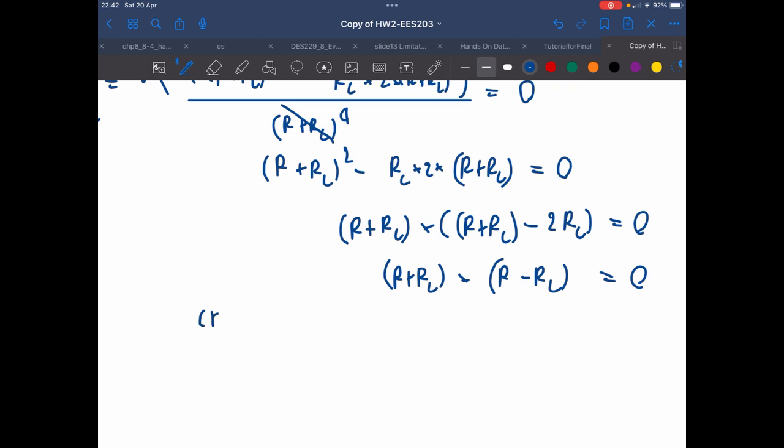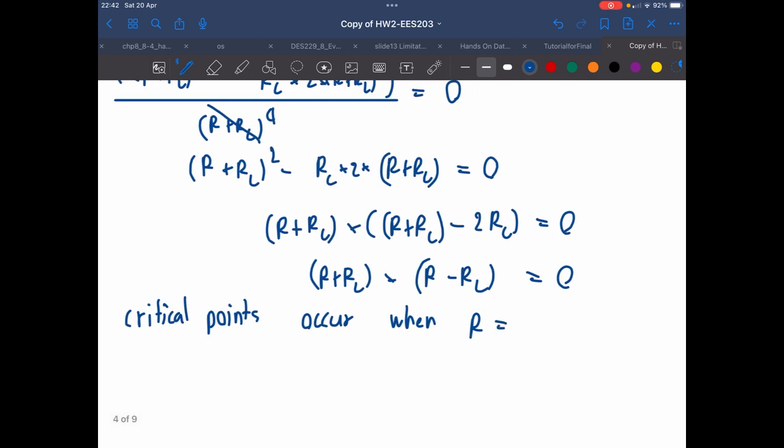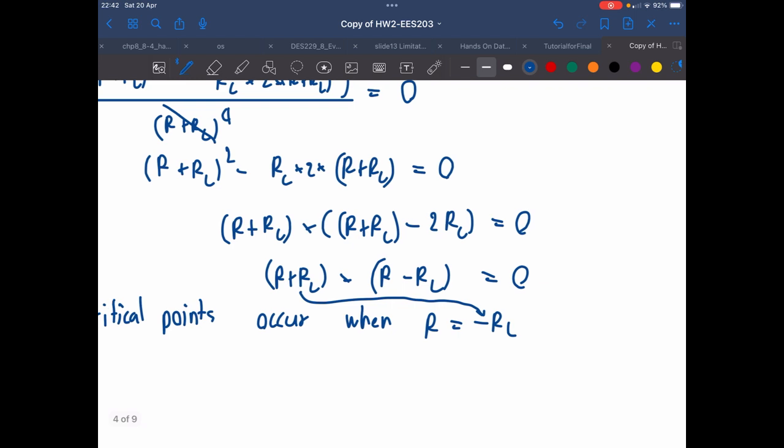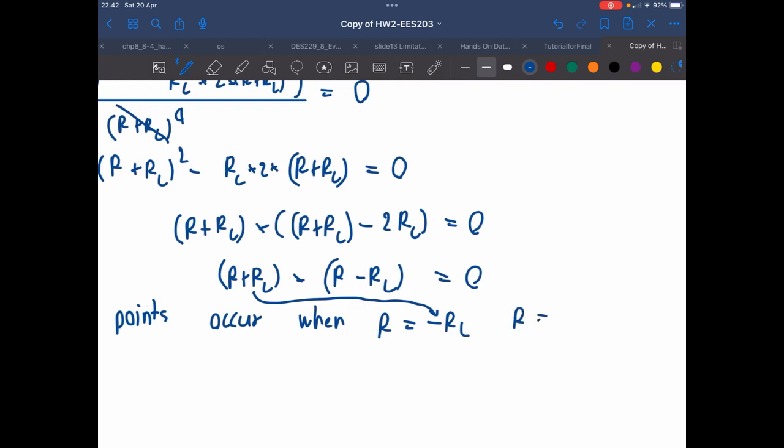The critical points occur when R equals minus RL from this part, and R equals RL from this part too.